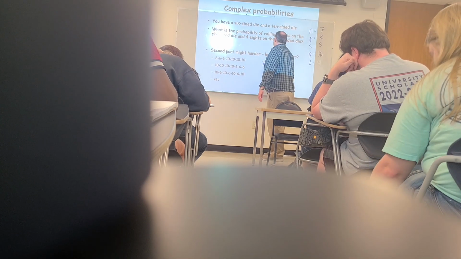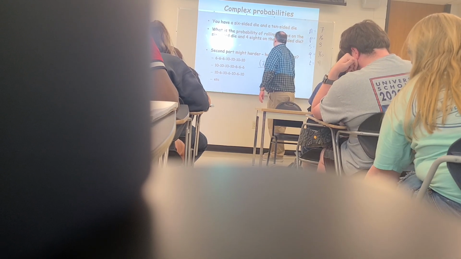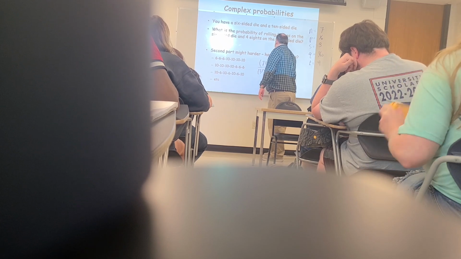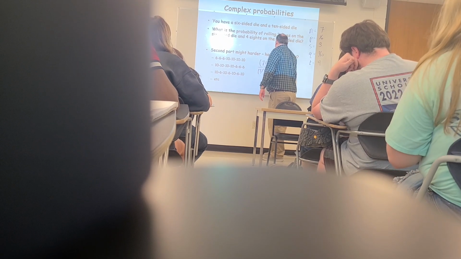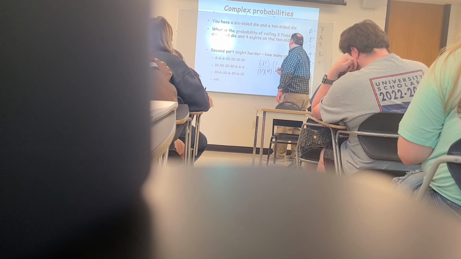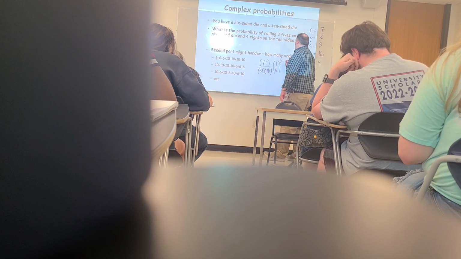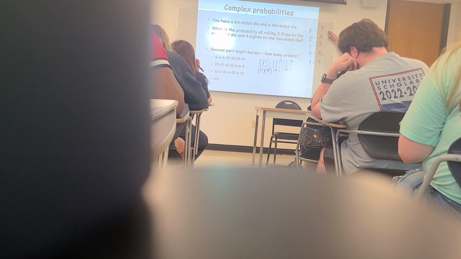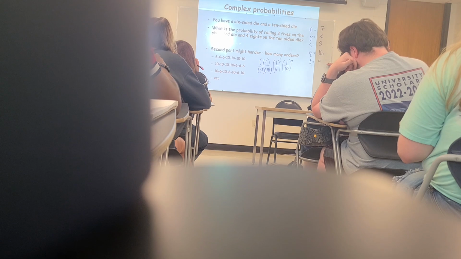So we have 7 factorial for n, sorry, t, and then s, 3 factorial, times t, which is 4 factorial. We take p, which is 1/6, that'll be to the 3rd power, and then we take 1/10 to the 4th. You don't necessarily need to do this part.